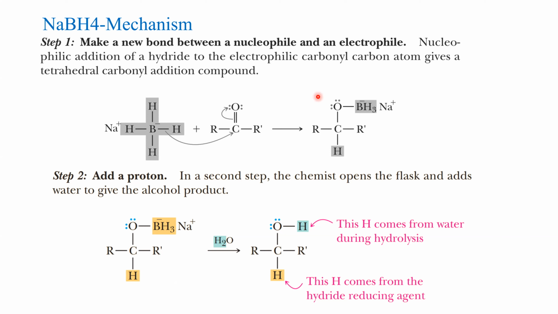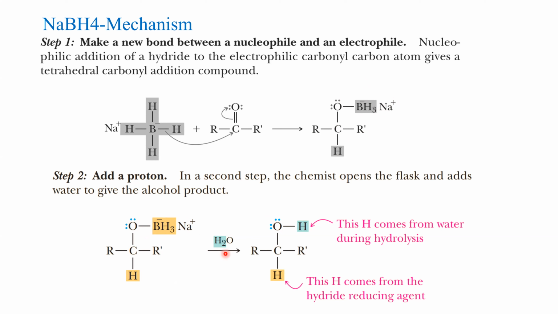So this is in a charged form, an ionic form. If we provide water, these charges will get balanced and we will get the final alcohol as our product. This BH3 sodium is just a temporary attachment with the oxygen.